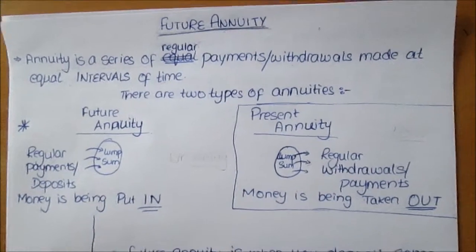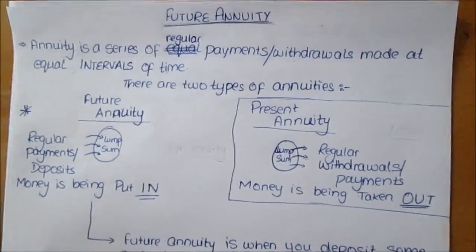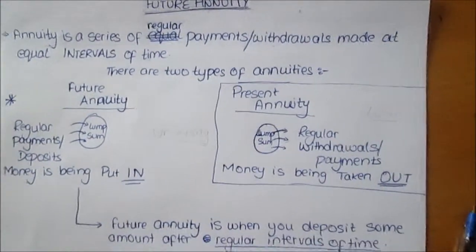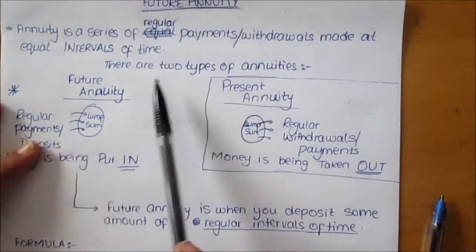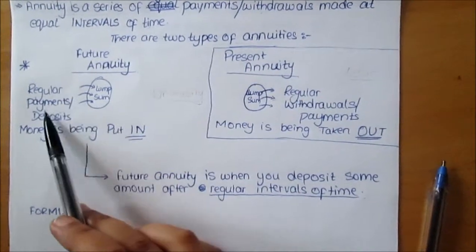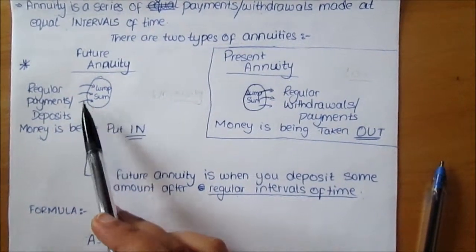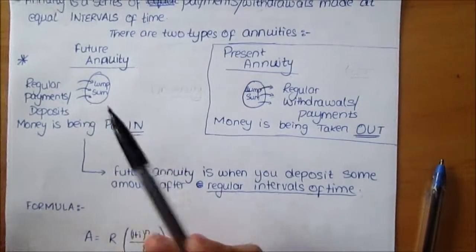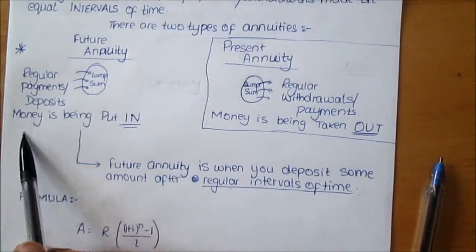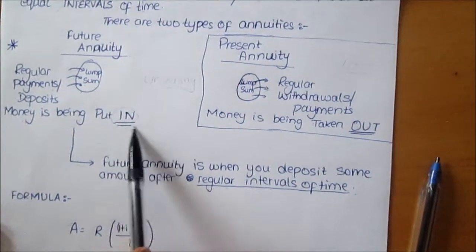So what you basically do in an annuity is that you either deposit or withdraw some money, but at regular intervals. So there are two types of annuity. In future annuity, you make some regular payments or deposits so that you have some lump sum at the end of that particular amount of time. So money is being put in.